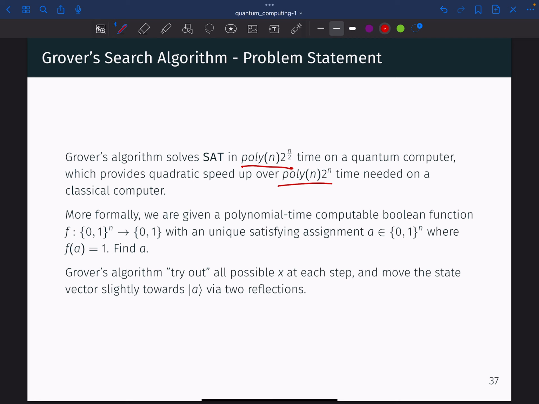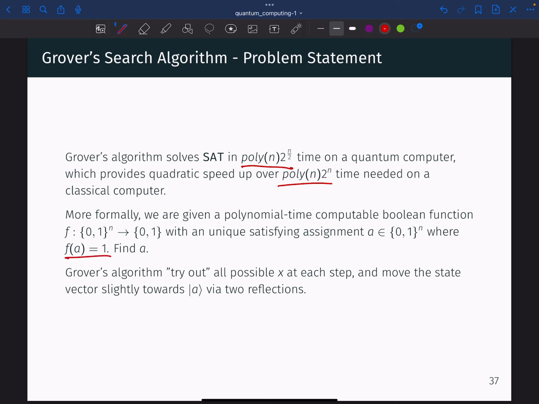Okay, let's go through how this works. Formally, we are given a polynomial-time computable Boolean function which encodes the SAT formula. This is a function that maps from an n-bit string to a binary output. A satisfying assignment is a bit string a where f(a) equals 1, right?